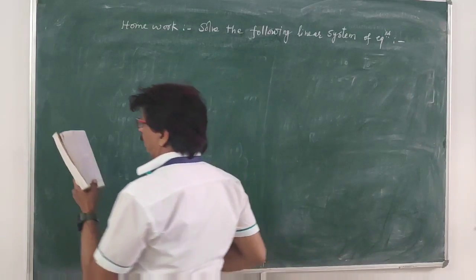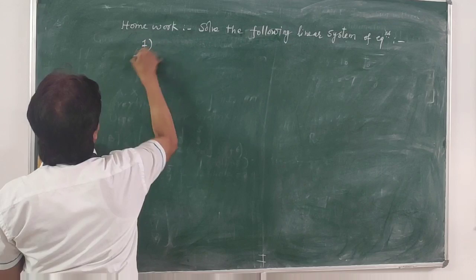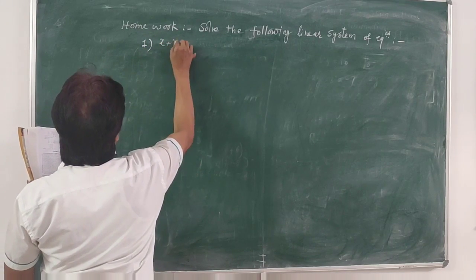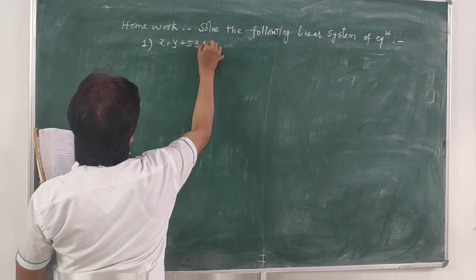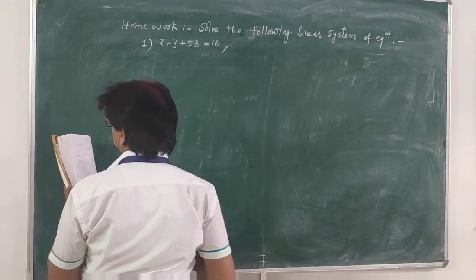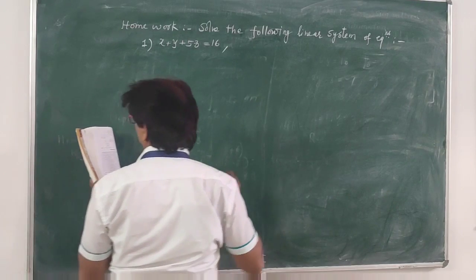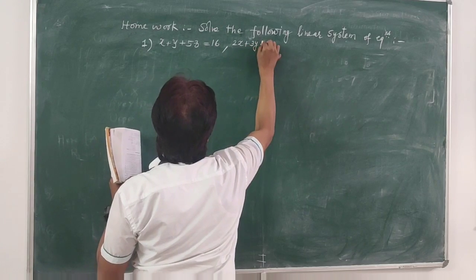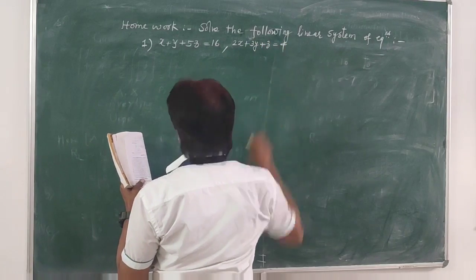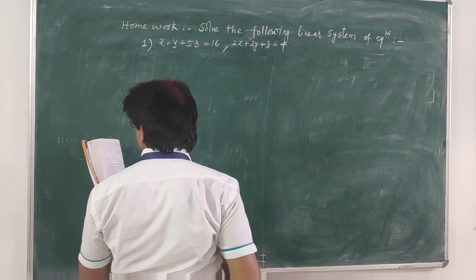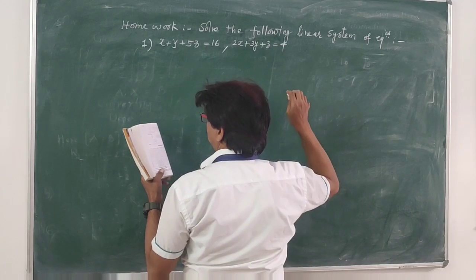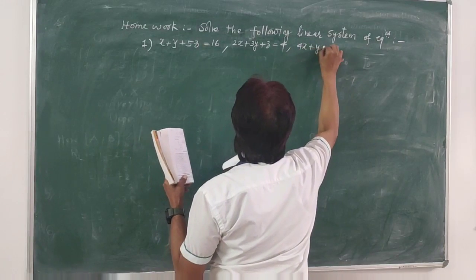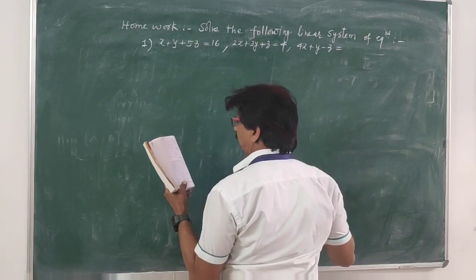The first system is x plus y plus 5z equal to 16. 2x plus 3y plus z equal to 4, and 4x plus y minus z is equal to 4.